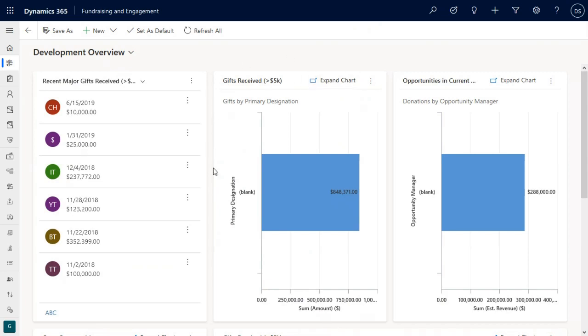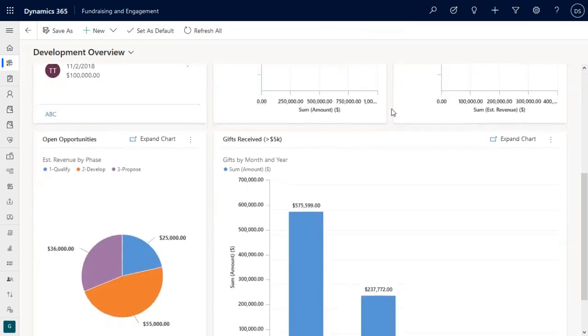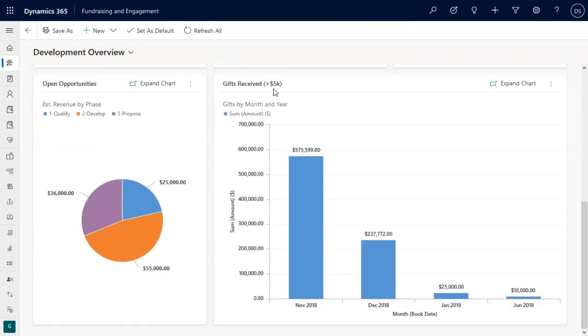Over here, we can see the gifts which we have received, and how many opportunities we have in line as of now. Again, how many gifts we have received with the timeline, by month and year, and how our opportunities are performing. Are we on track? Are we able to send out the campaigns as and when required? You can manage them, you can see that as well.